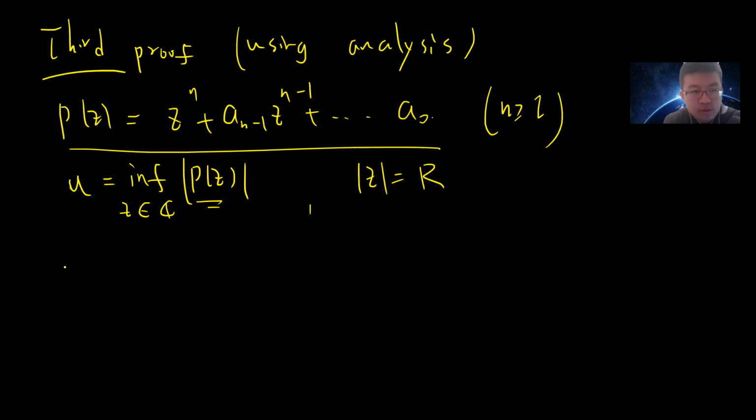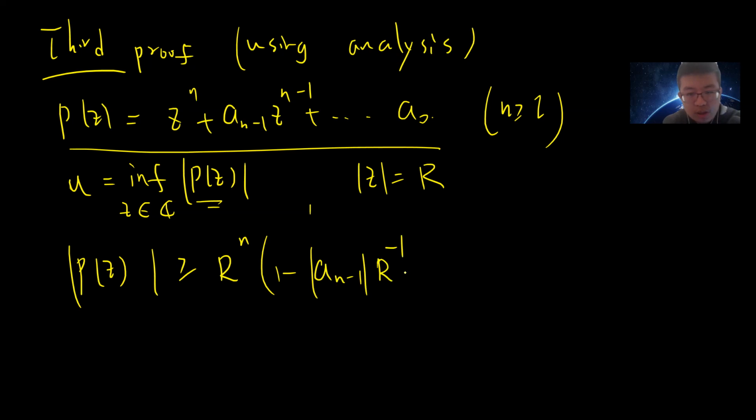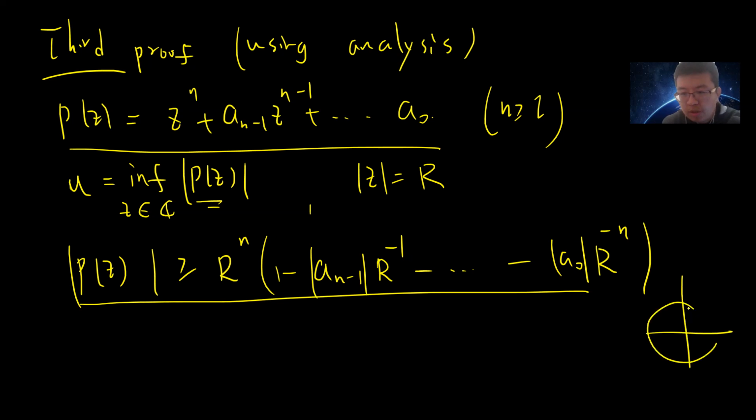By these results, I get that |P(z)| is greater than r^n times (1 minus |a_{n-1}| r^{-1} minus ... minus |a_0| r^{-n}). This tells you that if you consider radius r with |z| equals r, you can control |P(z)|, proving that |P(z)| is greater than something.